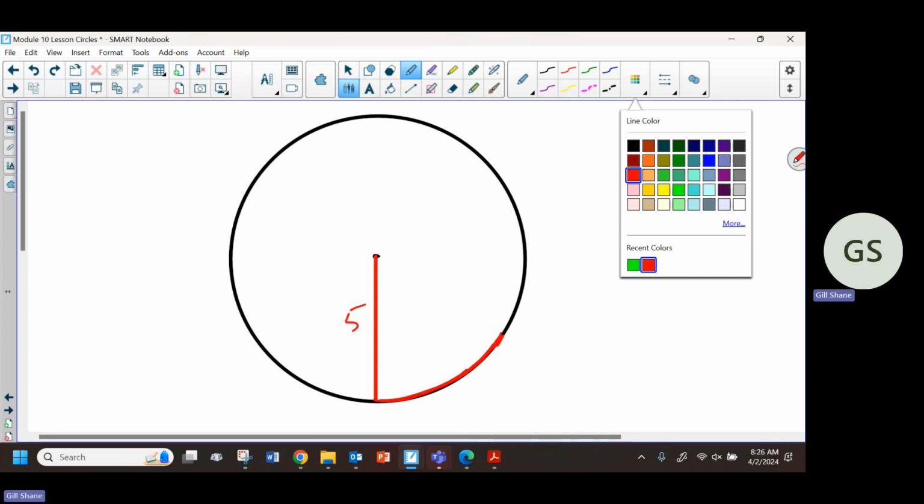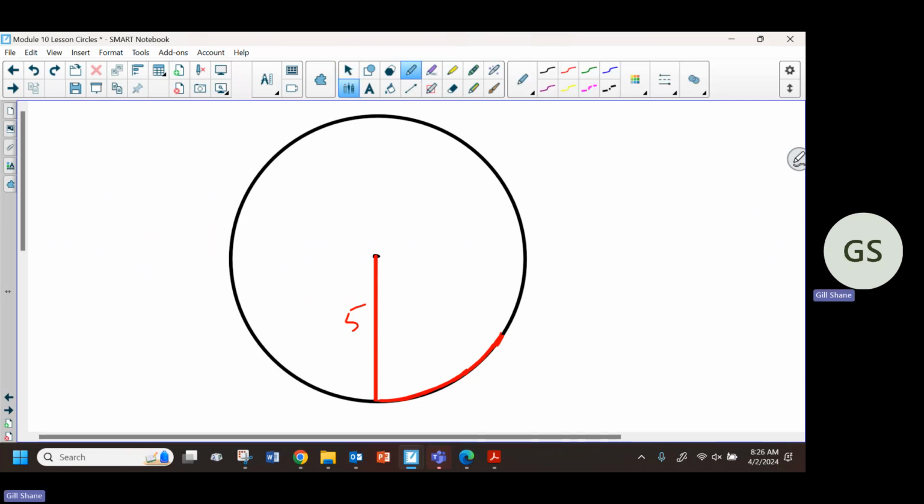Now is where it gets really tricky. To get all of the way around for any circle, so again, this is a radian. It's 1 radian, and it's a measure of pi, just like the radius. So to get all the way around, let's highlight this.